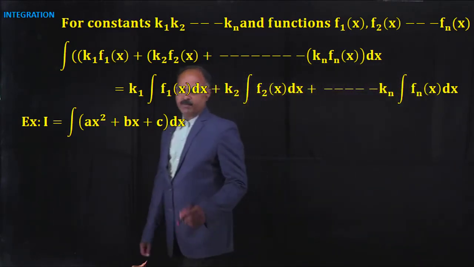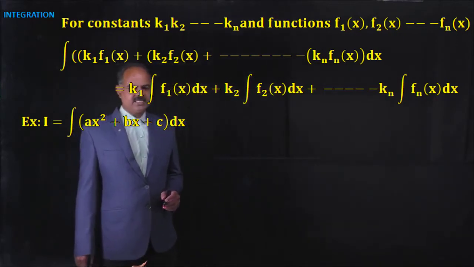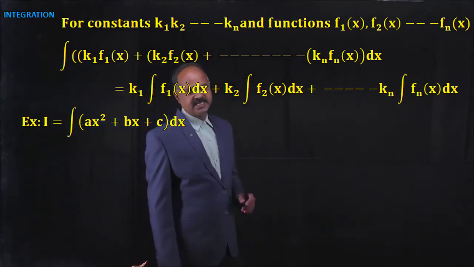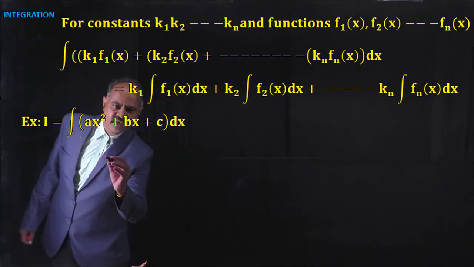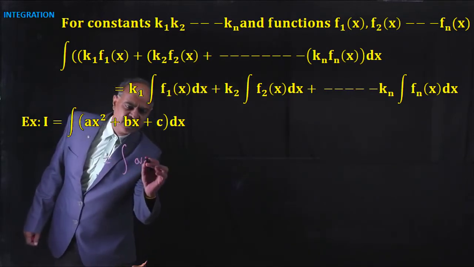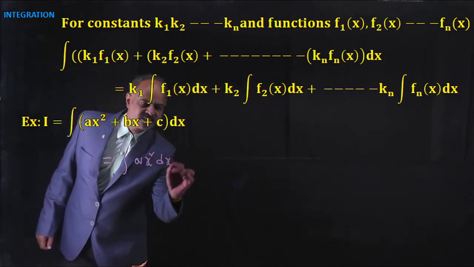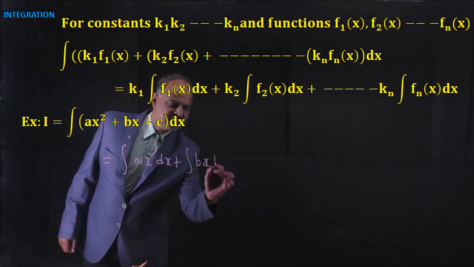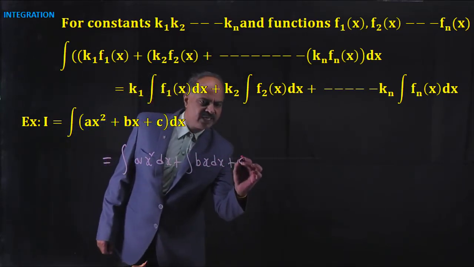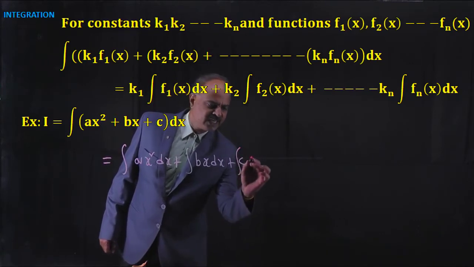Suppose for example integral ax square plus bx plus c dx. Now this can be written as integral ax square dx plus integral bx dx plus c into integral dx.